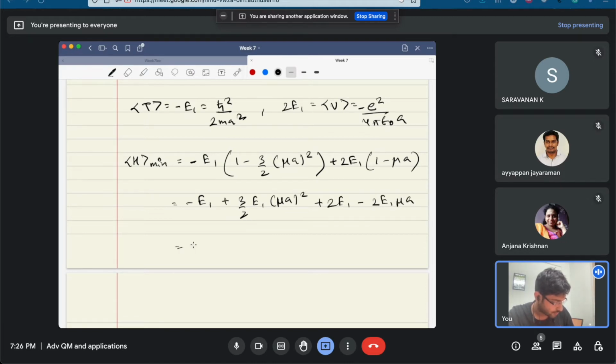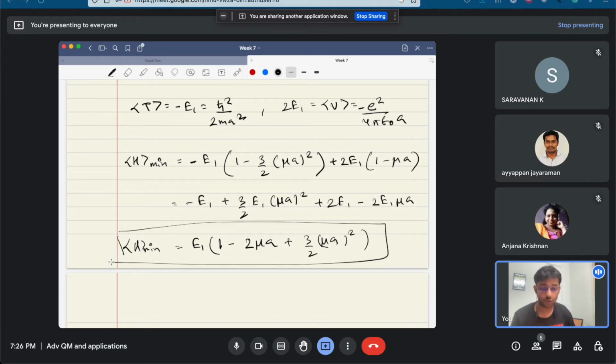So this is nothing but your E1, you take it common, so 2E1 minus E1, you get a 1. Then you have minus 2 mu a, and finally 3 by 2 mu a square. So this is your H minimum for the Yukawa potential.